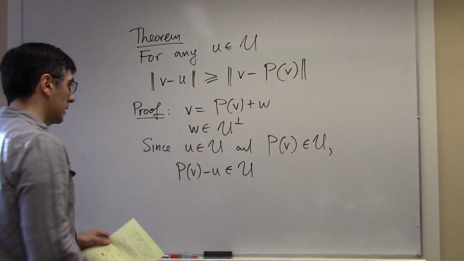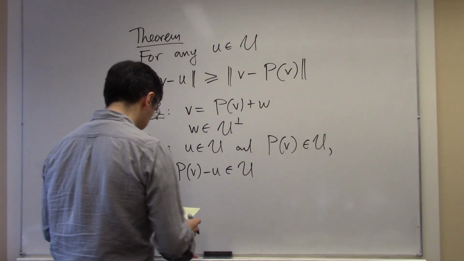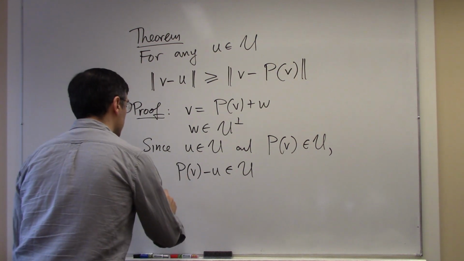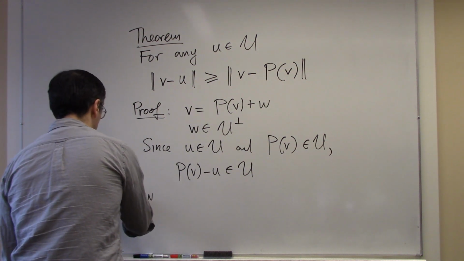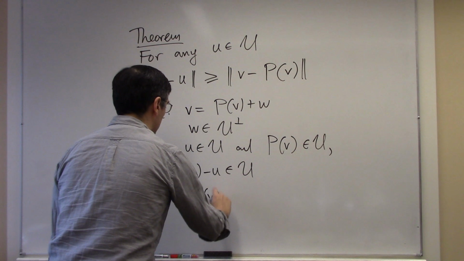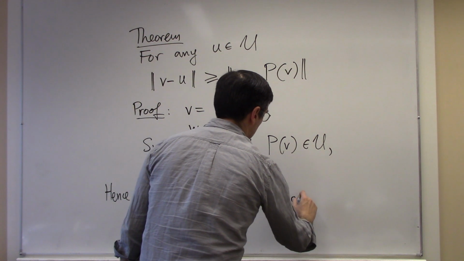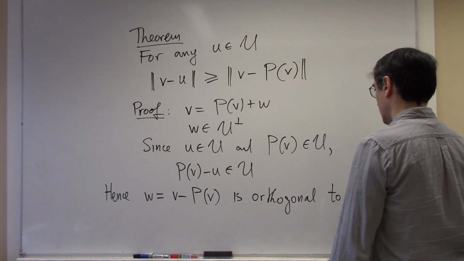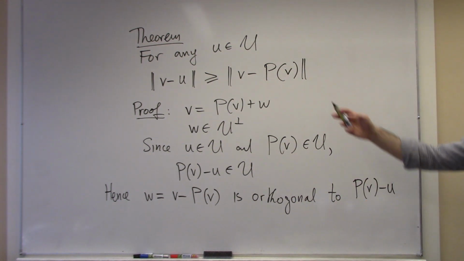Because you have two vectors in the same space, the difference will be in that subspace. Now, what we have is that this W, which is V minus PV, is orthogonal to PV minus u, since W is orthogonal to any vector in the space U.